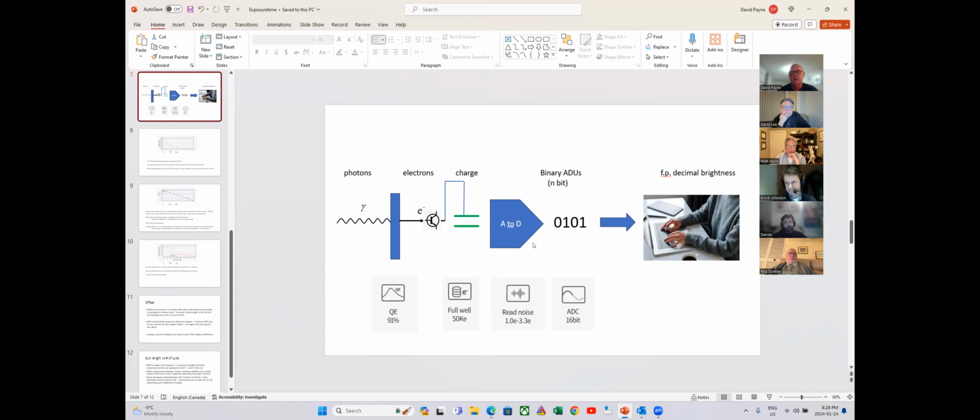You're just wondering about the error that this A to D converter is making when it's reading the charge and converting it to a number. So you'll take these very quick exposures. What is my error? And that will be 1 to 3 electrons for no light whatsoever.